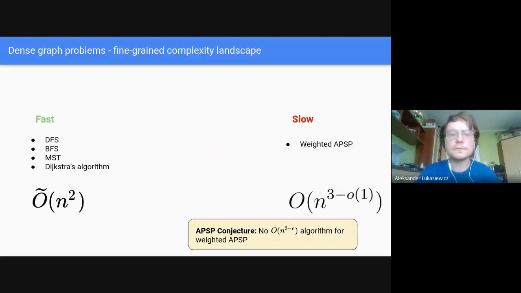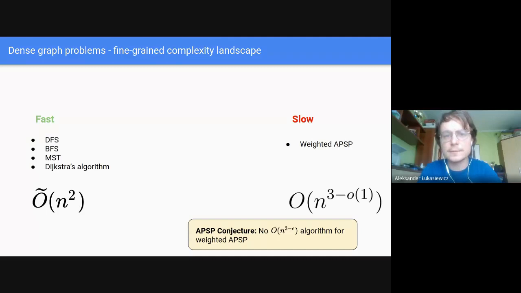And for most classical problems and algorithms, they actually achieve this running time. However, there are some graph problems that seem to be much harder. In particular, there is the problem of computing all-pairs shortest paths in a weighted graph.